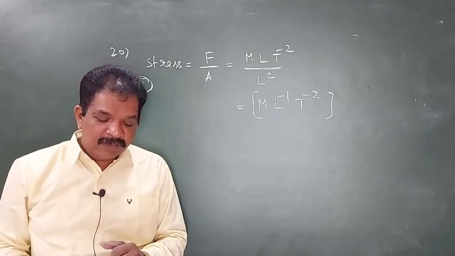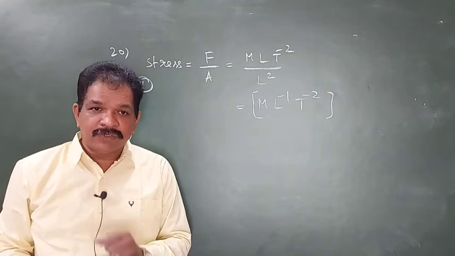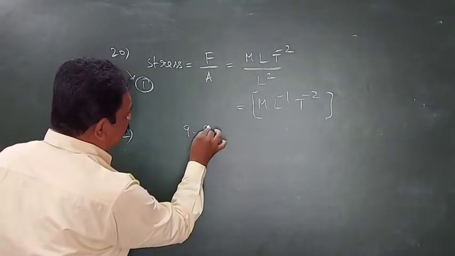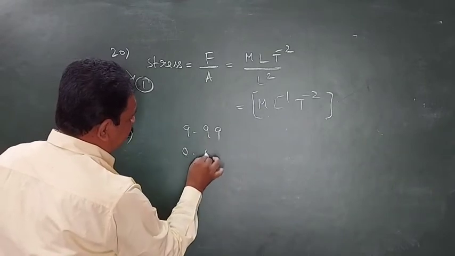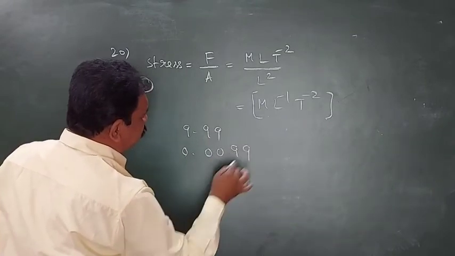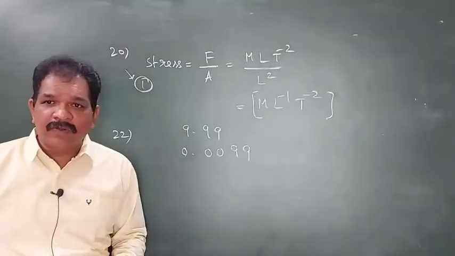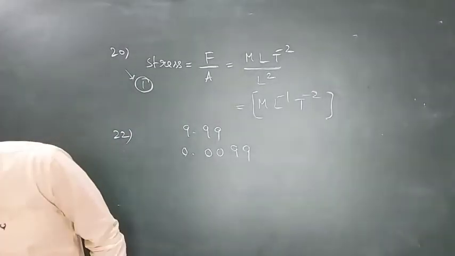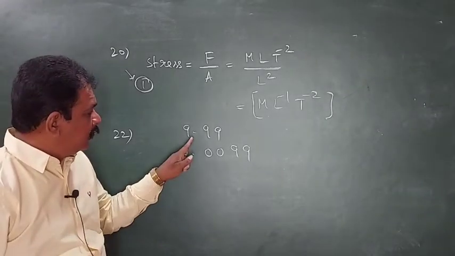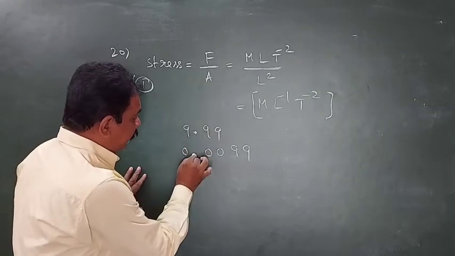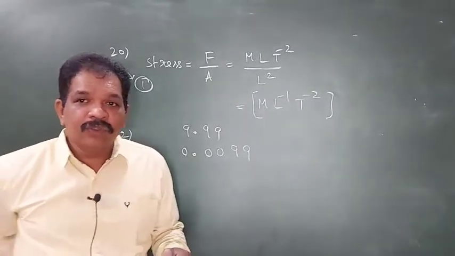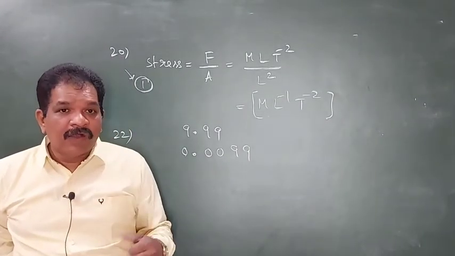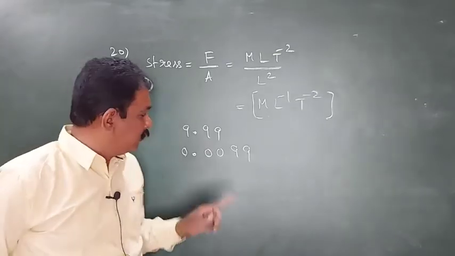22, you see, taking into account the significant figures, what is the value of 9.99 minus 0.0099? So 9.99, 0.0099. What is its value? They are asking. So see here, while subtracting or adding, count the number of significant figures after the decimal point.